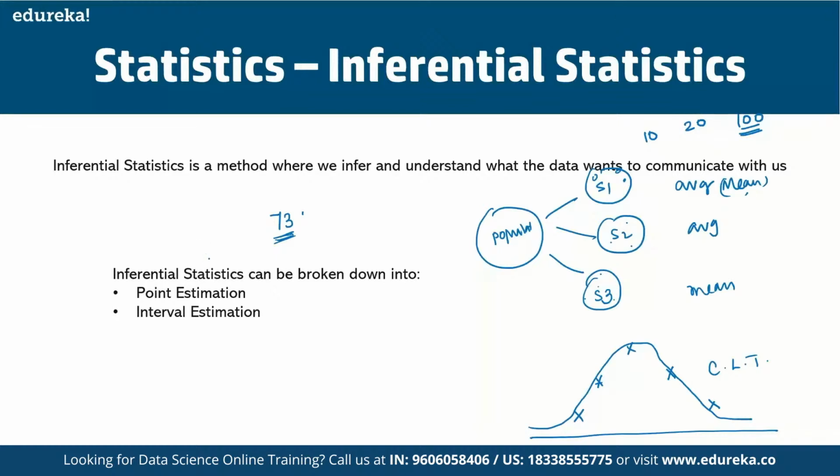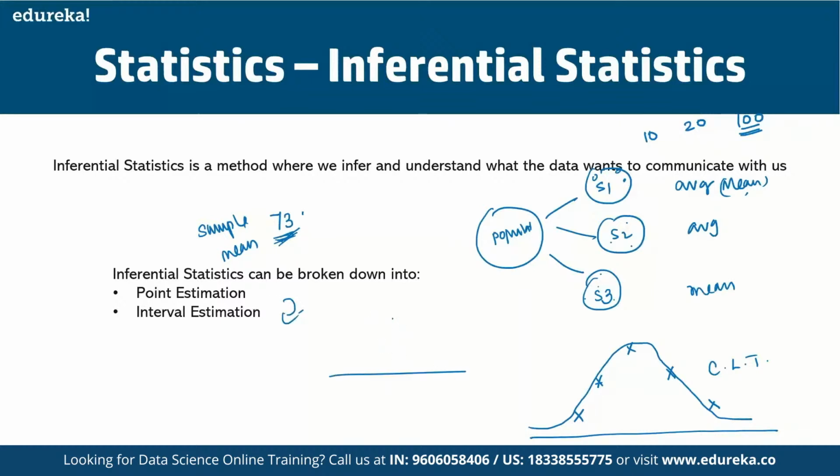I'm giving this exact point and saying this is my sample mean, 73. So the population's average is also going to be 73. We don't really use point estimation because there is a very high chance that your population average need not be 73.